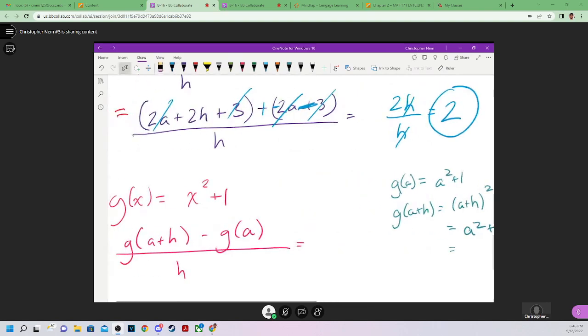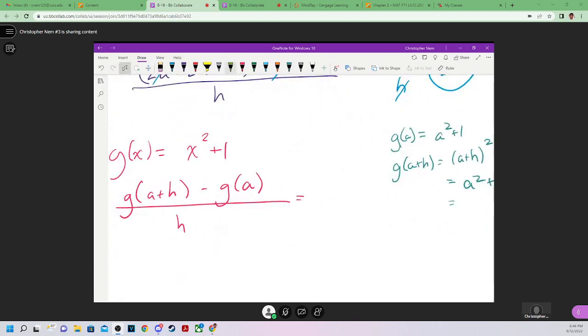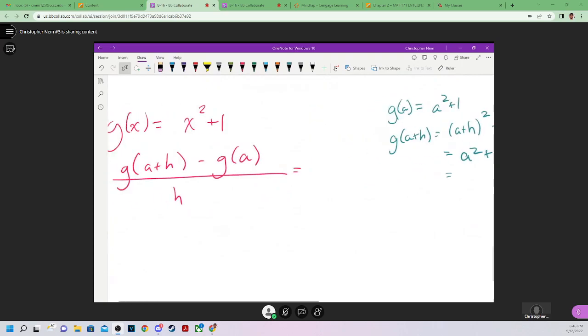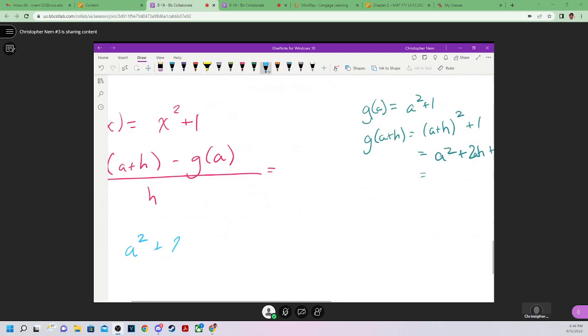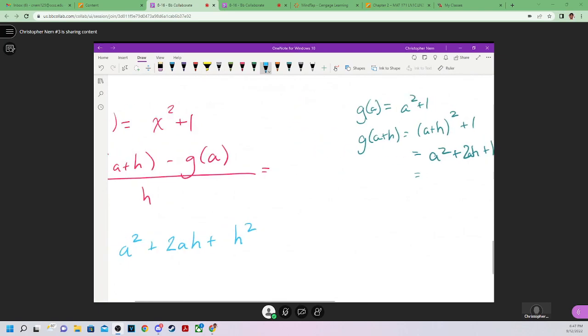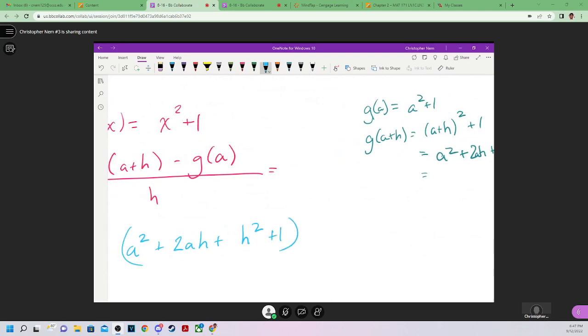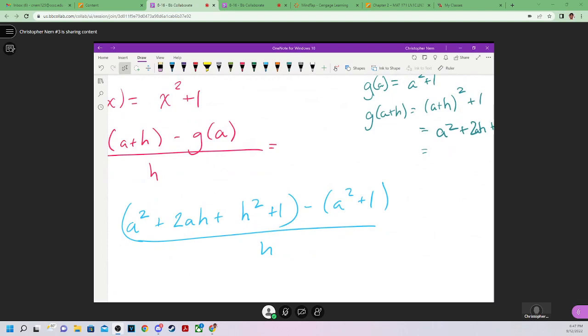Now let's actually calculate this instantaneous rate of change. If I were to calculate that out, I get a squared plus 2ah plus h squared plus 1, all subtracting a squared plus 1, over h. And then if we turn this to a plus sign and these to minus signs, now I can cancel things out nicely.